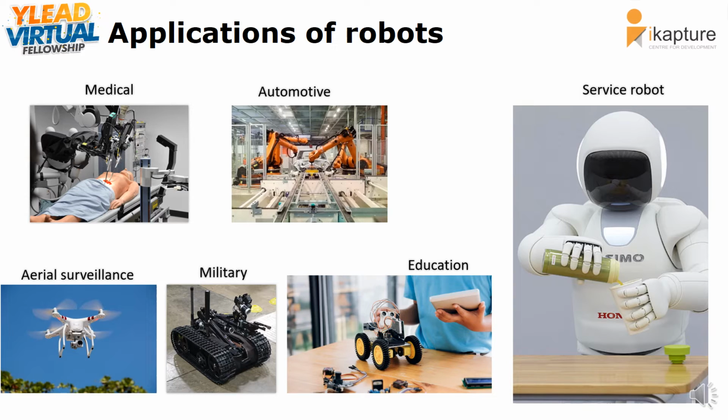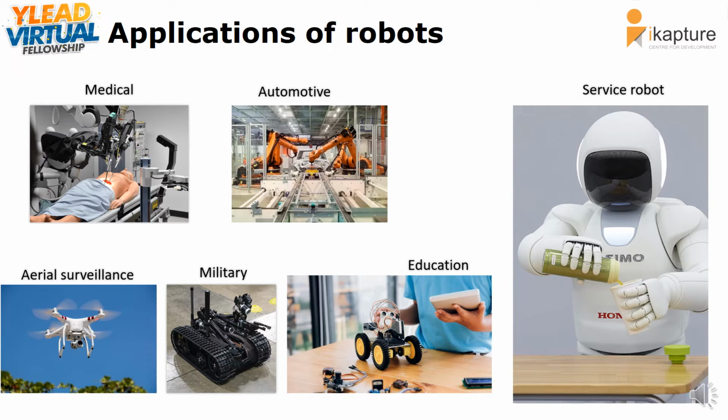Here we have a quadcopter that could be used for area surveillance and area photography. Then we have military robots, which could be used for military activities and operations. This is an example of a Dogo made by the Israelis, which could shoot weapons at the enemy on the spot. Then we have educational robots.